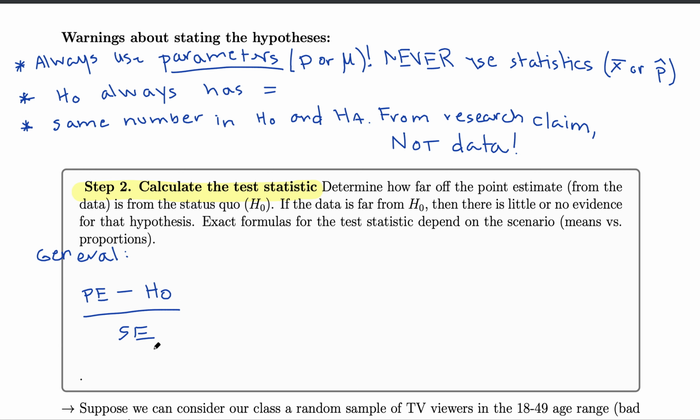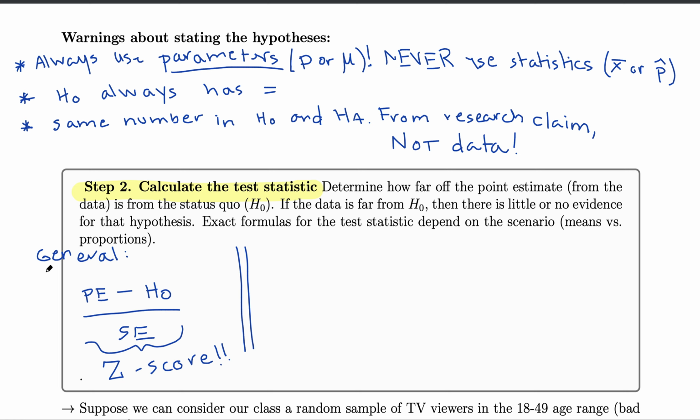So measuring that discrepancy between data and initial claim, initial hypothesis. This setup should look really familiar to something you've been using. And if you're thinking z-score, you're exactly right. This guy is just the z-score. Again, which is why the normal distribution is going to be really important in this section as well.